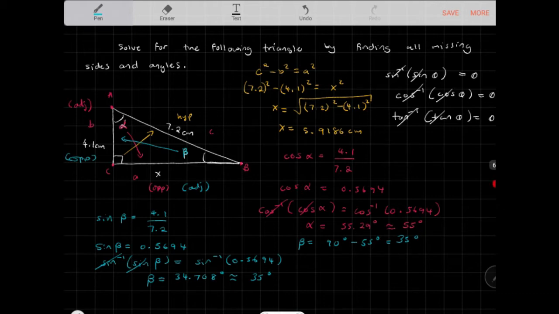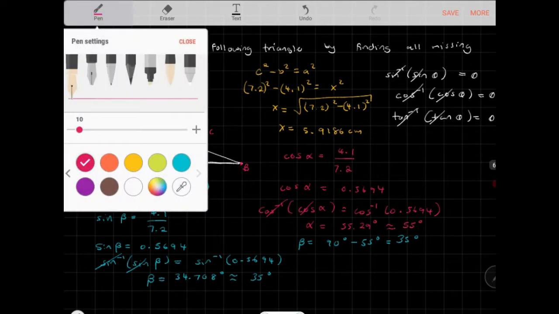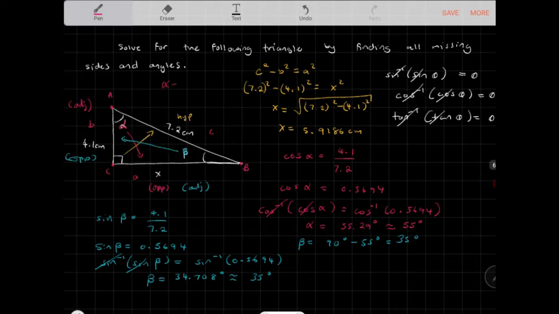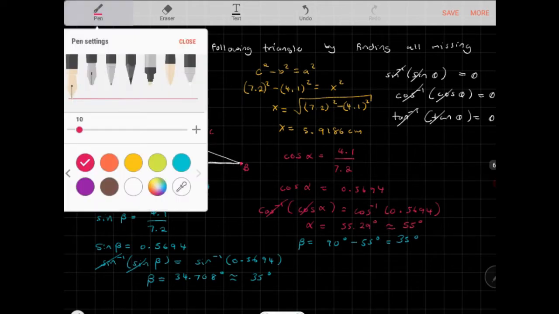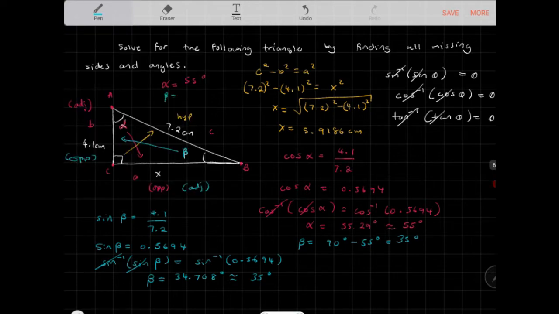Now, we know how to solve for alpha and beta, right? So alpha here is 55 degrees, rounding to the nearest angle, and beta here is 35 degrees if I round to the nearest angle. And I want to solve for x.